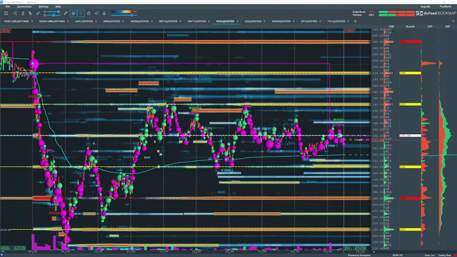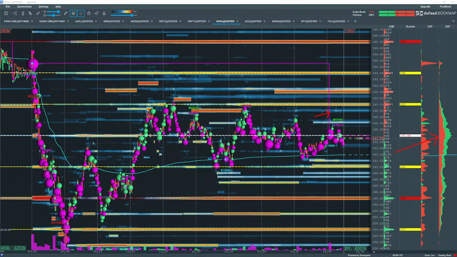And notice in the SVP column, the concentration of volume at that level. That's the most traded volume, and it looks like the point of control, this purple line, has shifted down to that level as well.